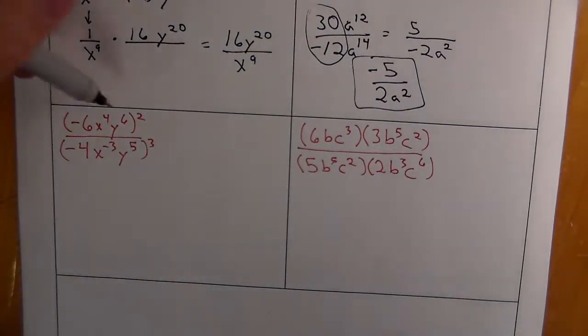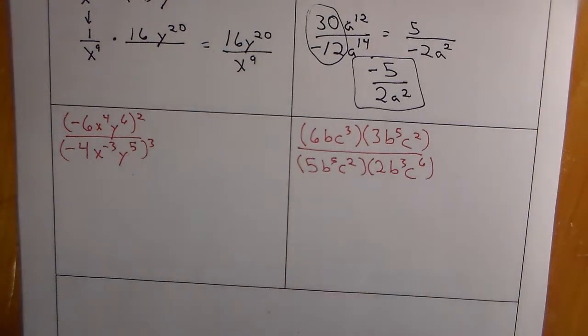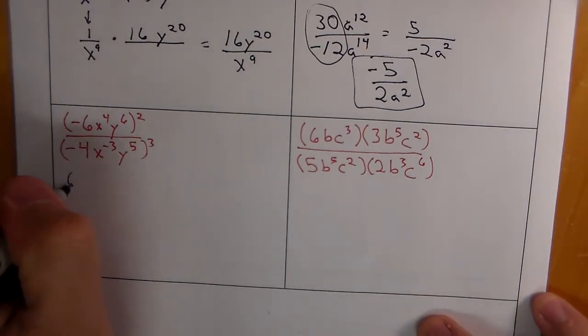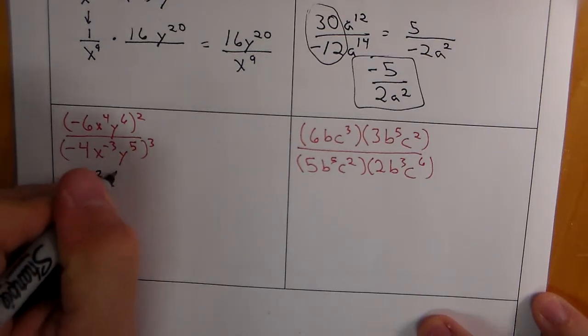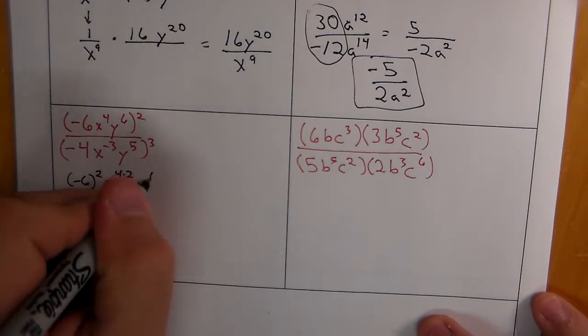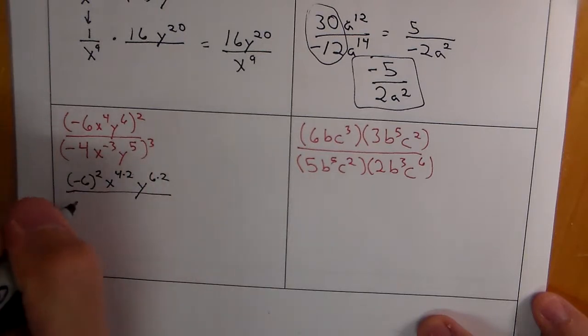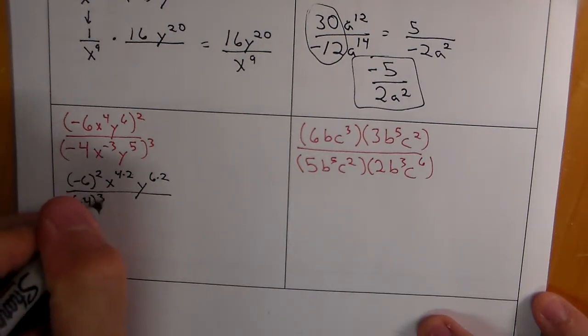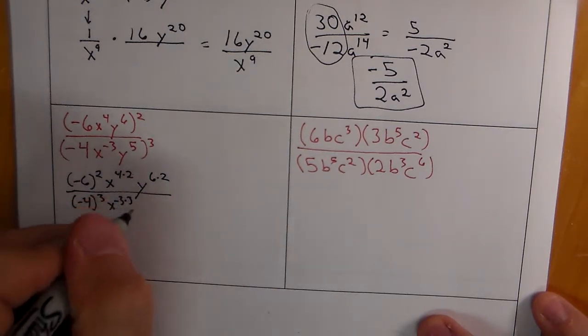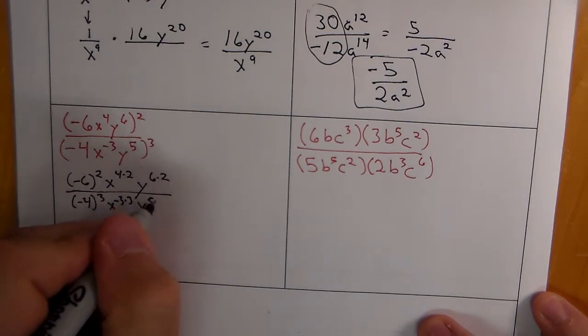Moving down, we have product rule on these two terms first. Now, it may be tempting to say, well, 6 and 4 can reduce, 4 and negative 3, 6 and 5 there. You're not going to do that first because you have to do the power rule first, because in order of operations, exponents come before multiplication or division. So we're going to have negative 6 squared, x to the 4 times 2, y to the 6 times 2, negative 4 to the 3rd, x to the negative 3 times 3, and y to the 5 times 3.